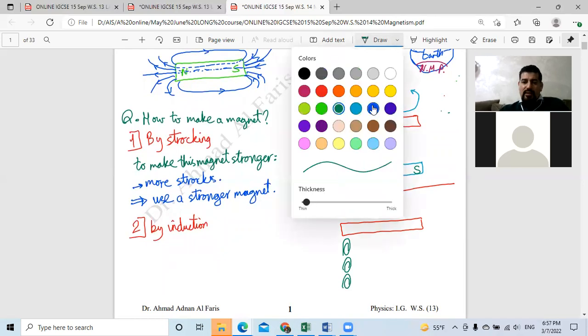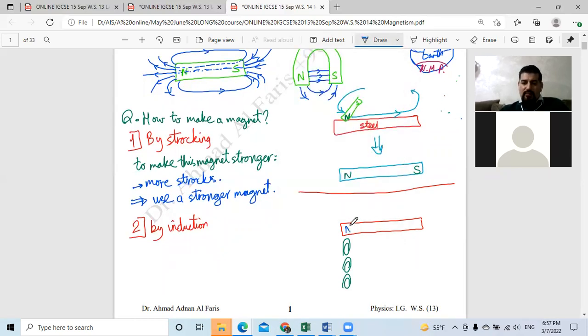If this side is north and this side is south, that means all these paper clips made of steel become magnetized by induction: this side becomes south and this side becomes north, and so on. North, south, north. So if I release the first one, the rest of the paper clips will stick a little bit, okay? Why? Because they are made of steel.